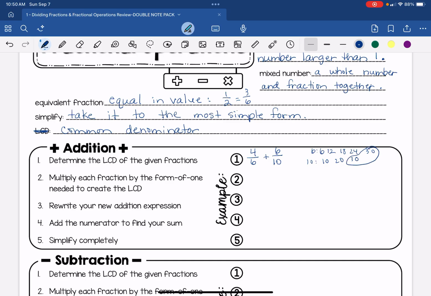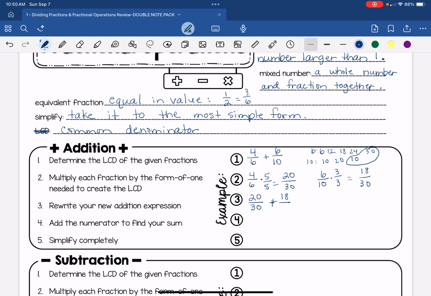So I could put 30 as my common denominator, and to get from 4/6 to have a 30 on the bottom, I have to take this times 5/5, and I would get 20/30ths. I have to do the same to 6/10, only I'm taking it times 3/3 because I want the denominator to be 30. So now that I have my common denominators, I'm going to rewrite the problem.